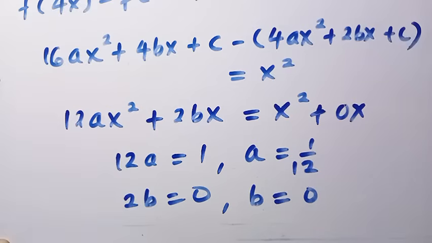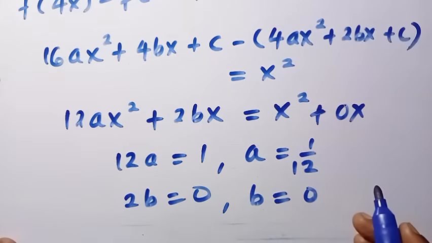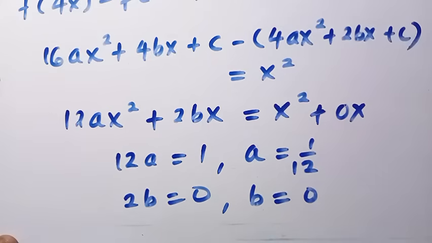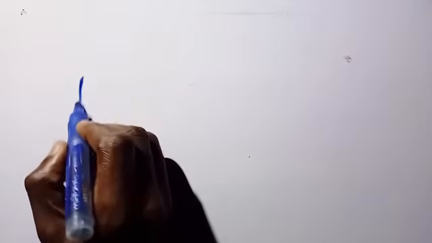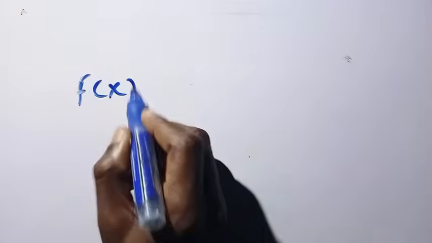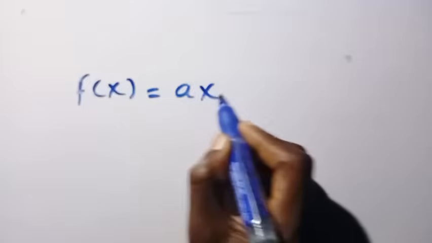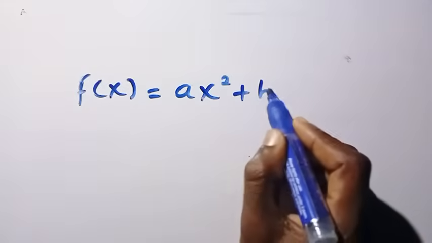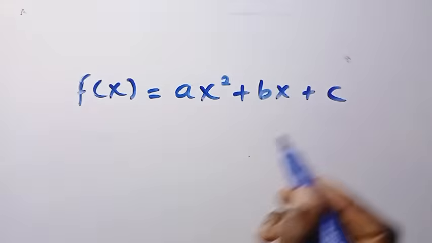Then for f(x), we are going to substitute all these things back into the assumed function above, f(x) equals ax squared plus bx plus c.